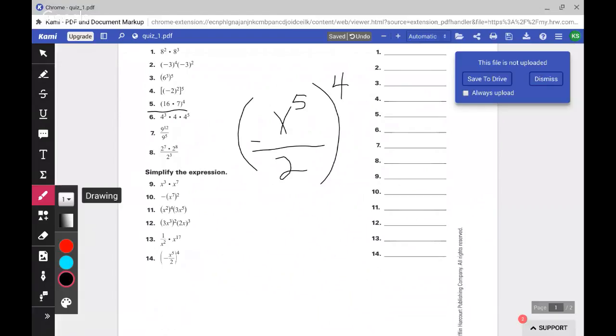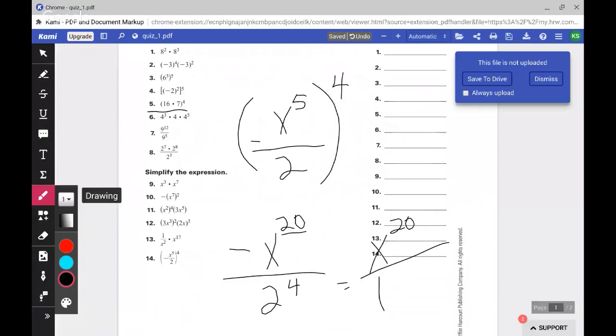So you'll have x to the 20th all over 2 to the 4th, which then comes down to, if you have an even exponent, and the negative is inside the parentheses, then my final answer is going to be positive.